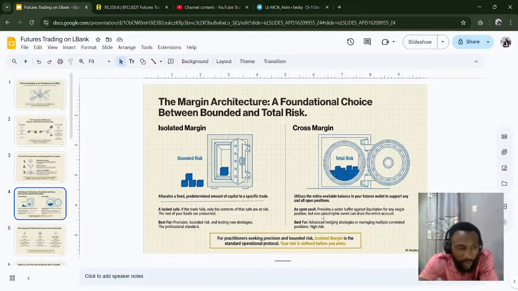Because if you're using isolated, the buffer against liquidation is going to be very, very tiny, but with cross margin, the buffer becomes wider. But one catastrophic event can drain the entire account. That is why it's very risky and you should be careful.